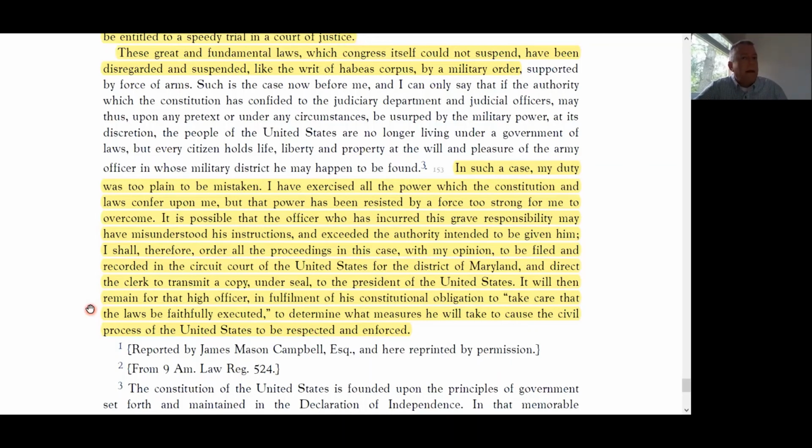But it's probably the case that Taney does not want to directly confront the president and create a constitutional crisis. The crisis would be where the president does not comply. And then in a situation like that, there is no answer in the Constitution as to what happens next. So Taney probably does not want to provoke a constitutional crisis.